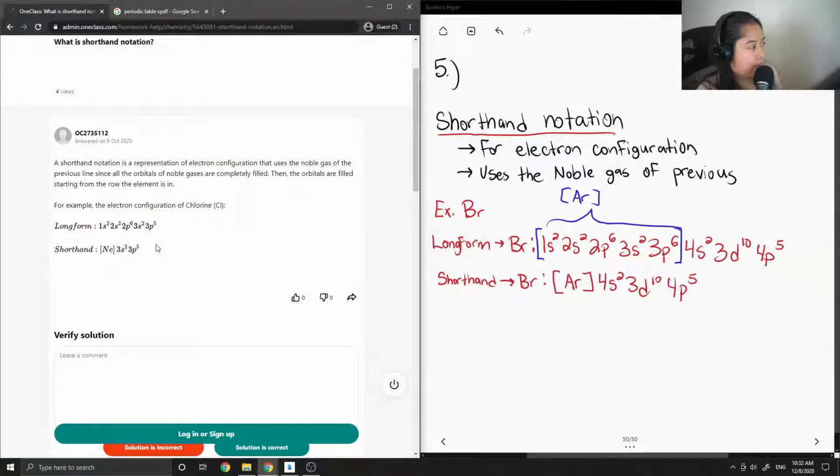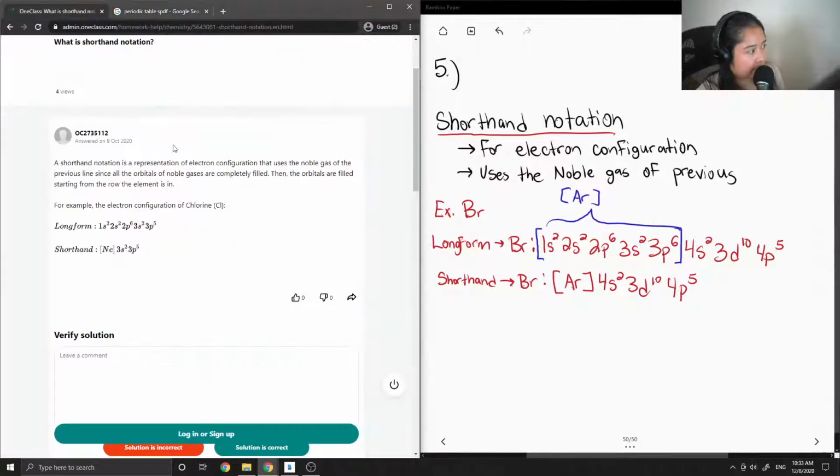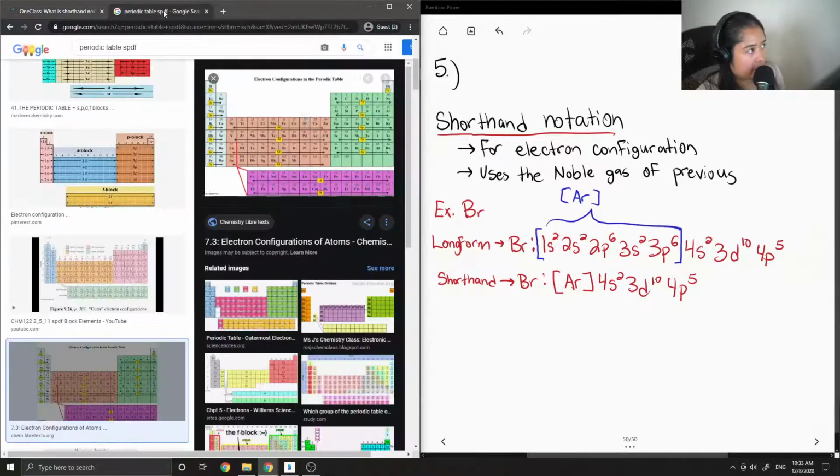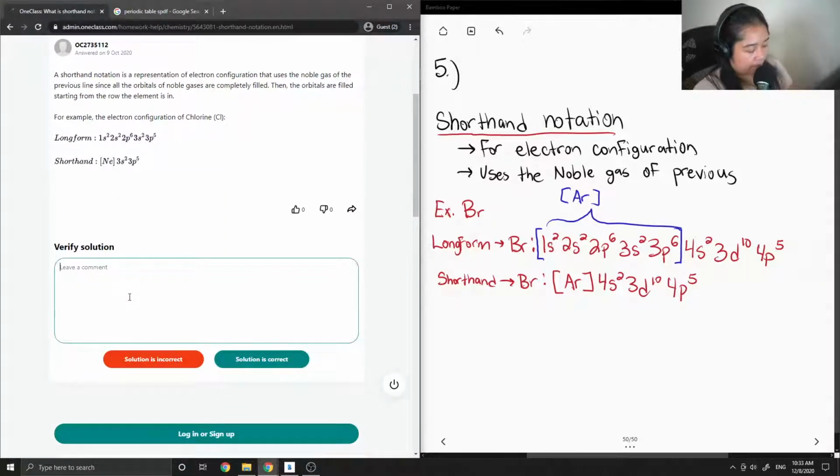Okay, so for example, the electron configuration of chlorine, the long form is 1s2, 2s2, 2p6, 3s2, 3p5, and the shorthand notation, so above chlorine is just neon, 3s2, and 3p5. Yep, so this solution is correct.